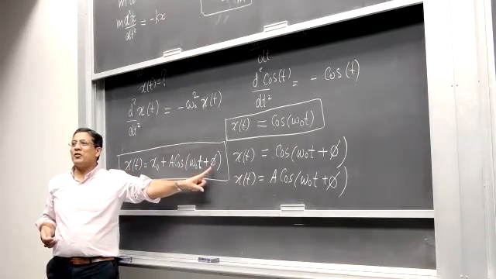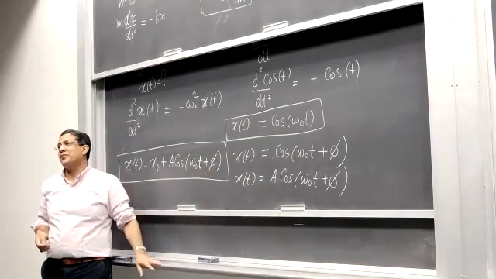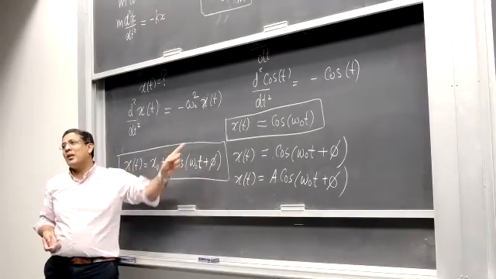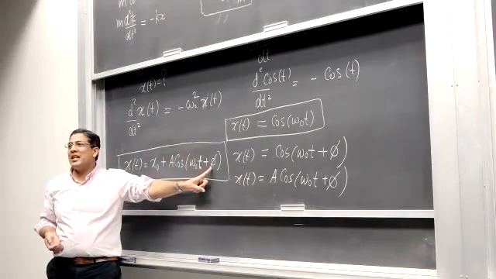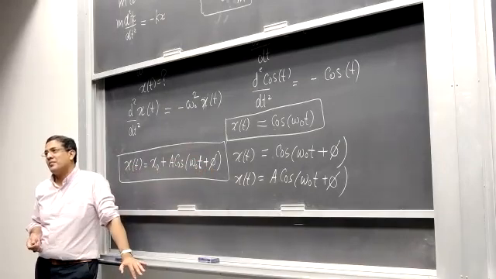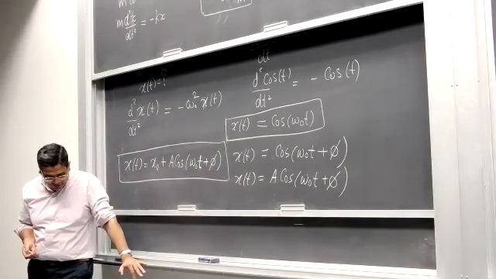If we want to start the clock at 0, then we can set phi to be 0. If we want to start the clock at some other time, then we can set phi to something else. Make sense or no?